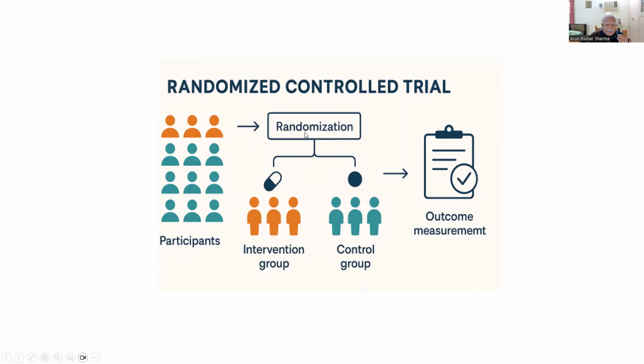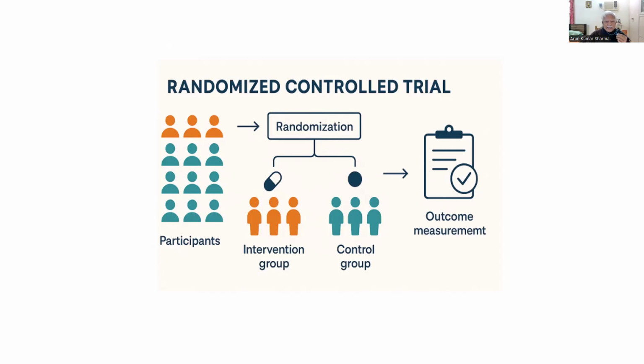Because randomization ensures that with respect to other characteristics which might influence the outcome, or which might help in the treatment of the disease, if sample size is sufficiently large, they are standardized. That both intervention and control groups will have the same composition.